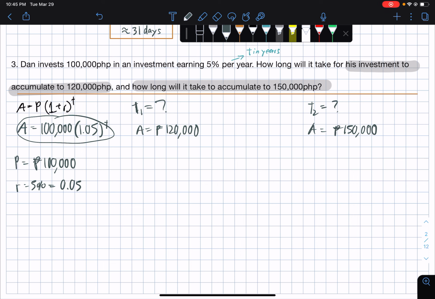So let's try to solve t sub 1, where the final amount is 120,000. So 120,000 is equal to 100,000 times 1.05 raised to t, and divide both sides by 100,000.